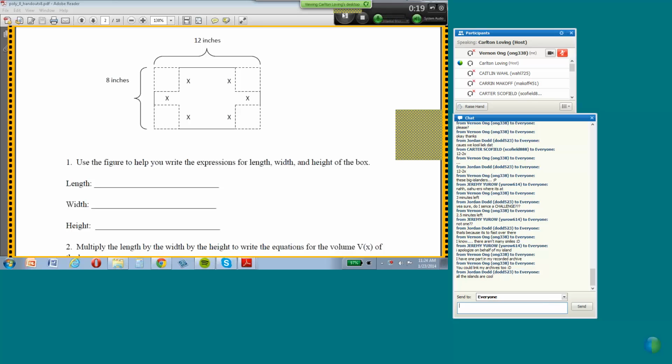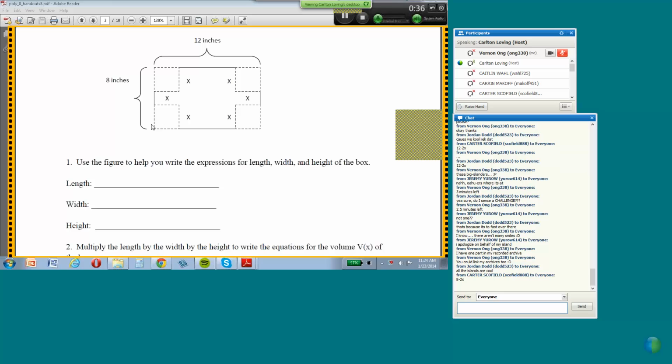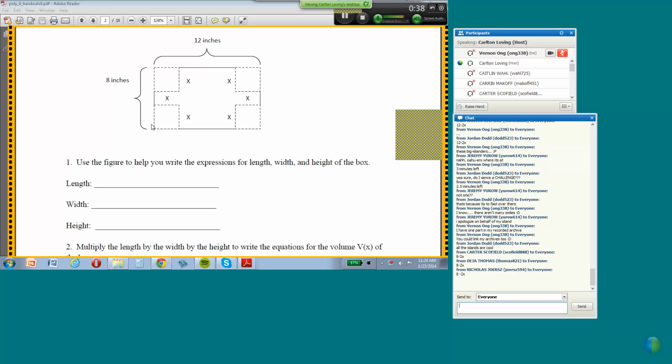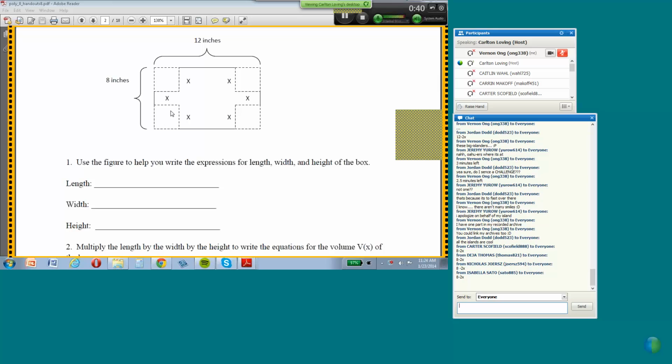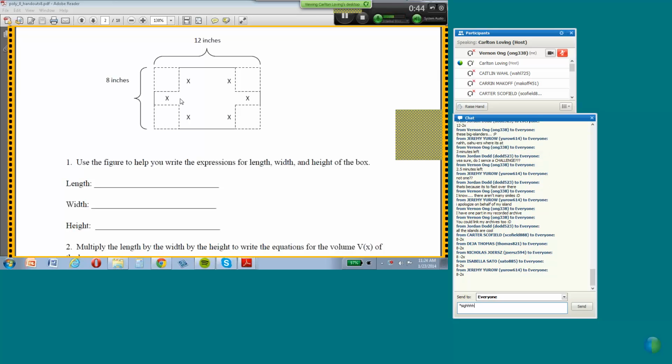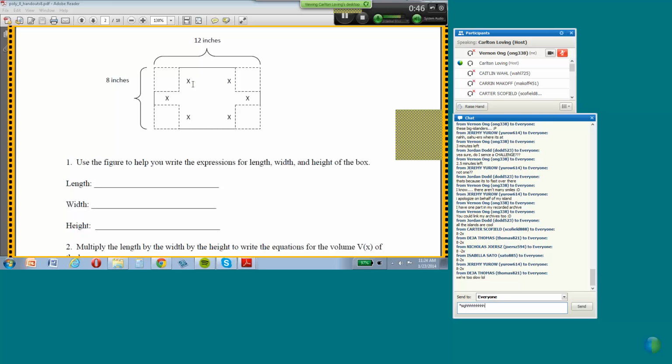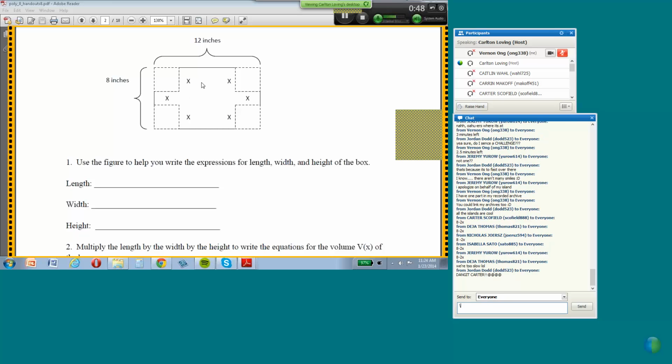But anyway, we just figured out, Jordan and Carter were both telling us that for the length, we're looking at the expression 12 minus 2x. So then what is going to be my width? Very good, 8 minus 2x.